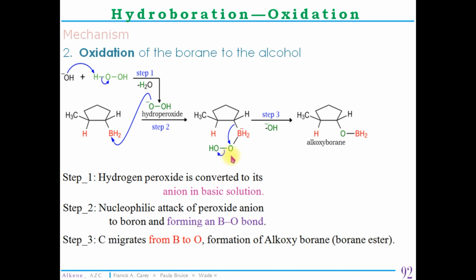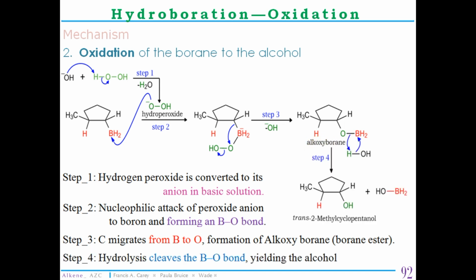In the third step, carbon migrates from boron to oxygen, where there is formation of alkoxyborane. In the fourth step, it is hydrolysis. Cleavage of the boron-oxygen bond gives alcohol.